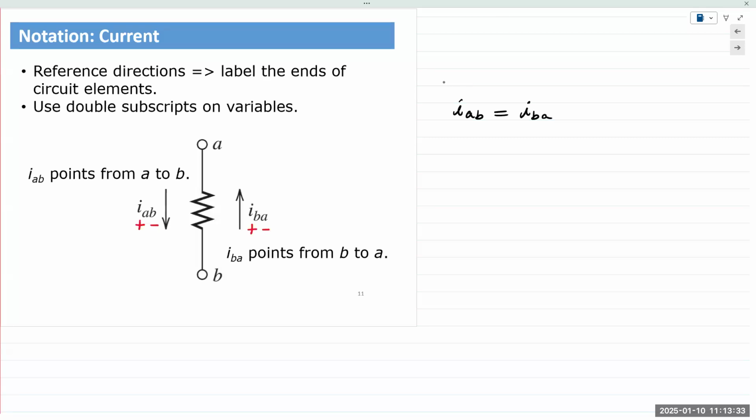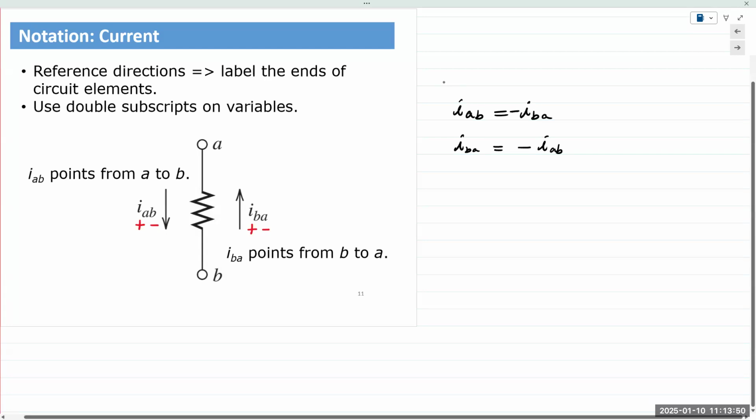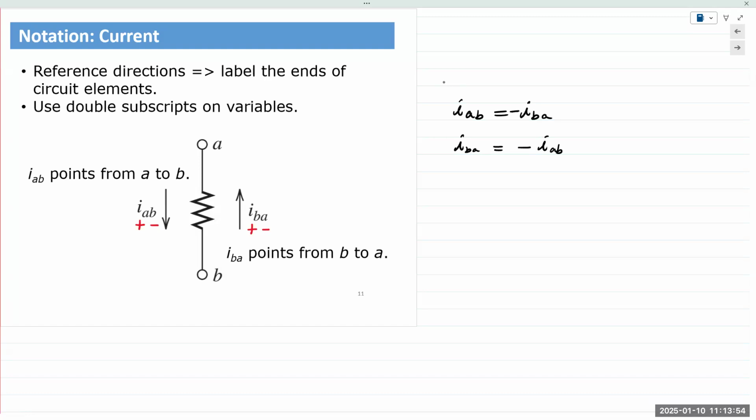But depending on which reference direction we take for our analysis, we'll put a minus sign in front of it. We can also write IBA is equal to minus IAB. Okay, the magnitude would be exactly the same. It all depends on what our point of reference is.